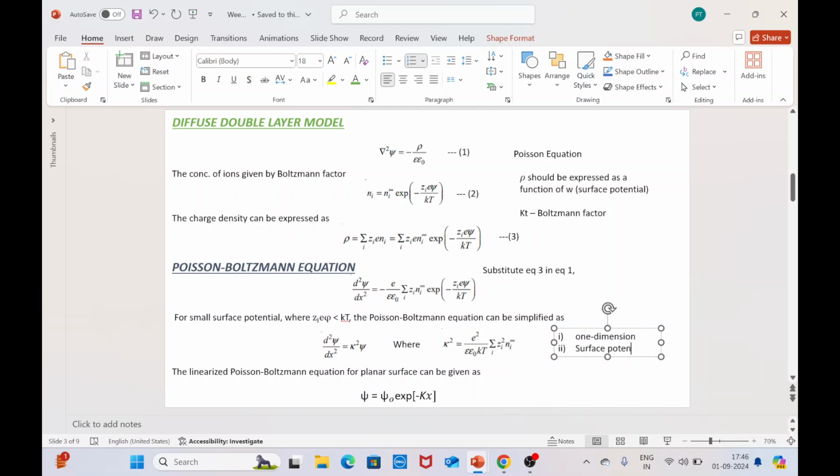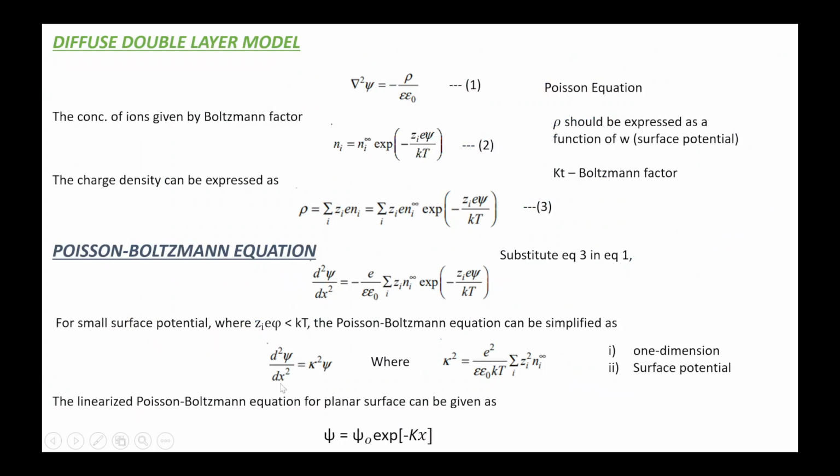These two assumptions were incorporated so that such a big second order differential equation can be simplified to what is seen here, that is dou square psi by dou x square equals kappa square psi. So kappa is expressed as e square by epsilon naught kT, Zi square times Ni at infinity.